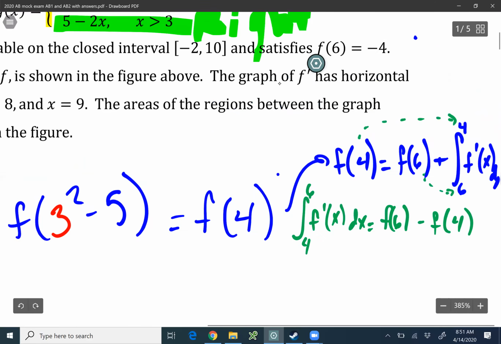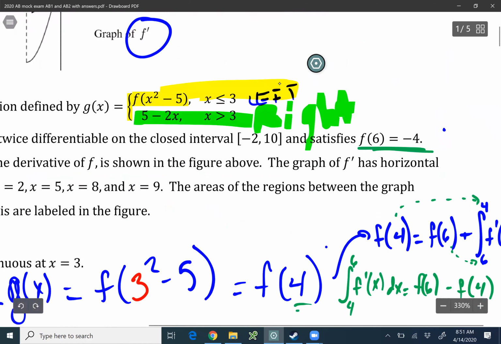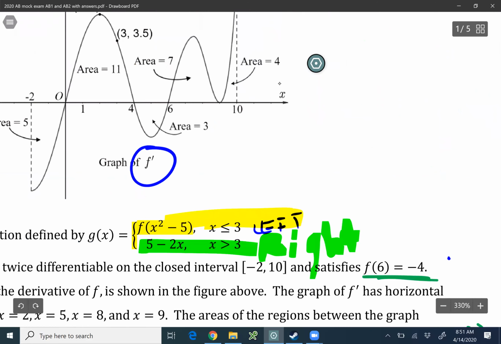And we picked 6 because that's what they gave us. That's the only point we know on the graph, so we have to use it. So from 6 to 4, because we want 4 and we know about 6. In between 4 and 6, they tell us the area is 3.